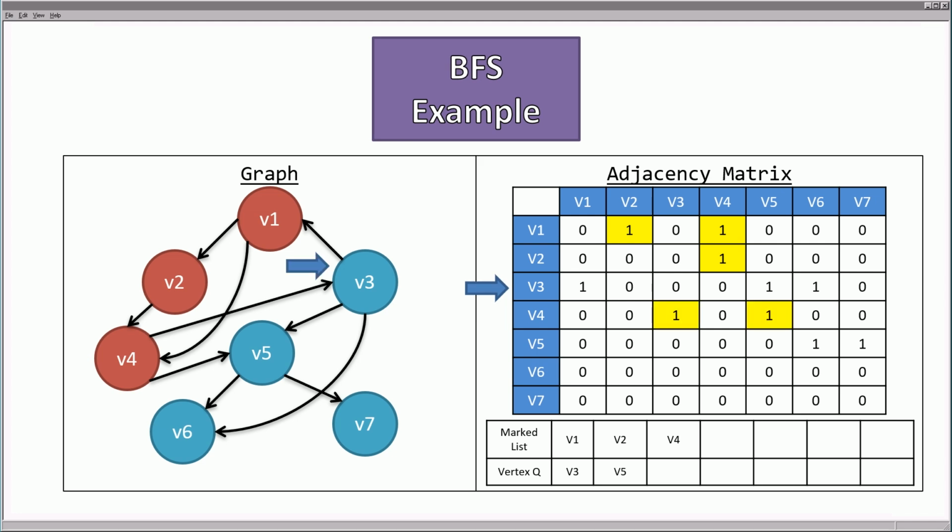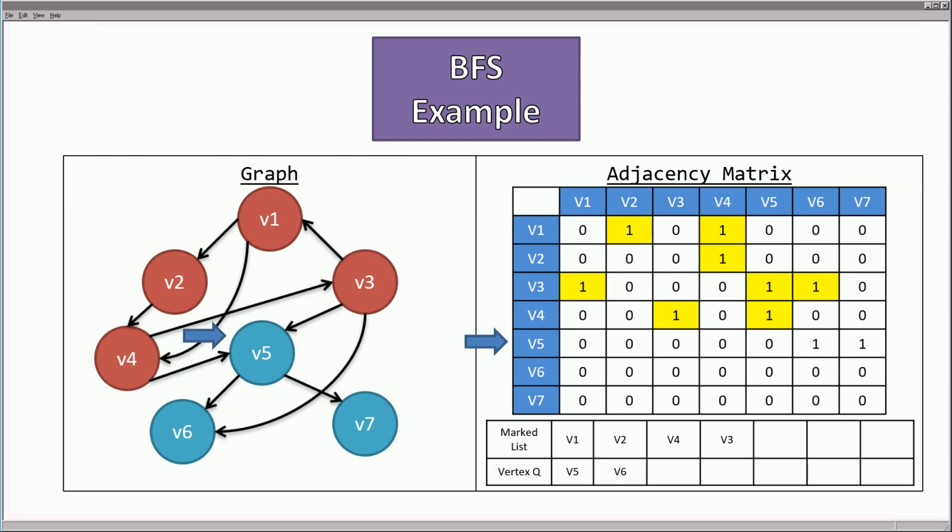Now we travel to vertex V3, we dequeue that and add it to our marked list, and then we add all of the outgoing edges from vertex V3. We have vertex V1, V5, and V6. However, vertex V1 is already marked, so we don't re-add it. We only add V5 and V6.